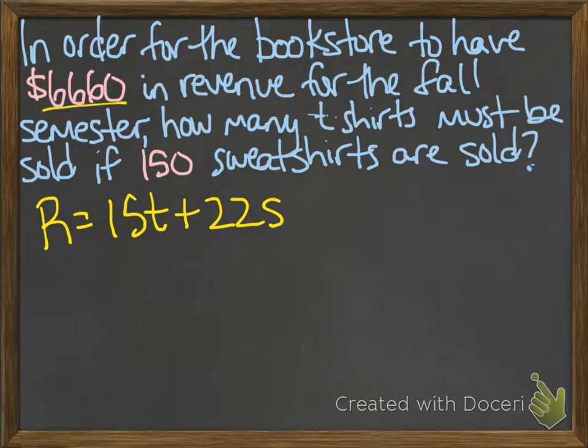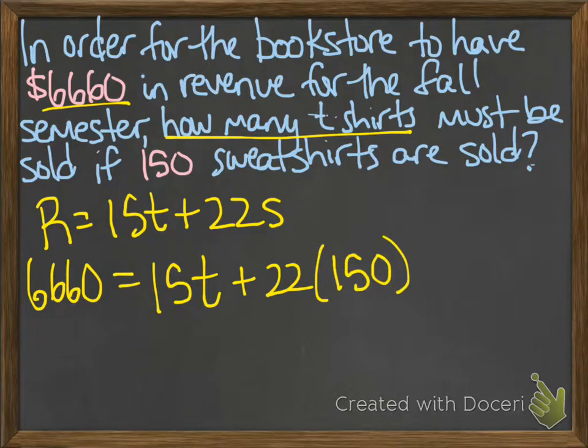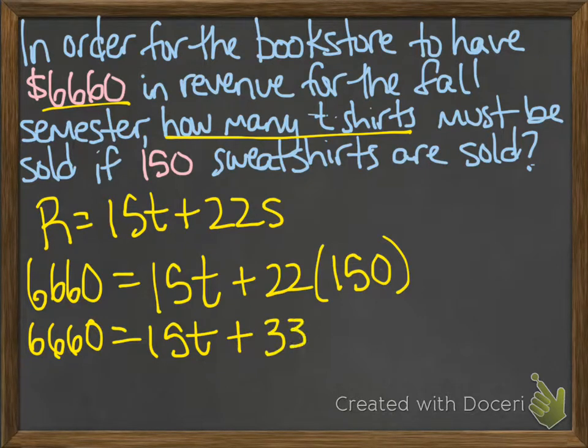So my revenue is $6,660, so plugging that in for R. 15 times, it's asking how many t-shirts, so my t is going to stay a variable, plus 22 times, it's telling me that I'm selling 150 sweatshirts. And now this is just a simple equation to solve. 6,660 equals 15t plus 3,300.